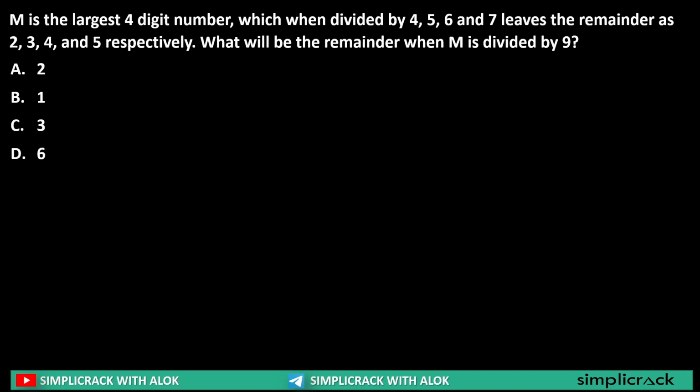Okay. M is the largest 4-digit number which when divided by 4, 5, 6, 7 leaves the remainder 2, 3, 4, 5 respectively. What will be the remainder when M is divided by 9? See, first thing, the LCM of 4, 5, 6, 7 is 420.